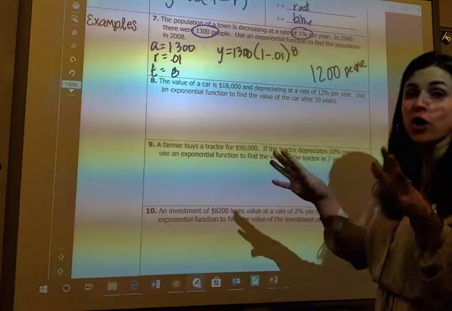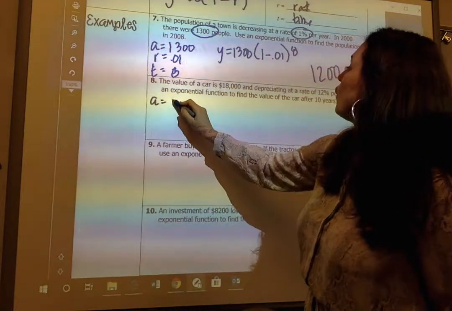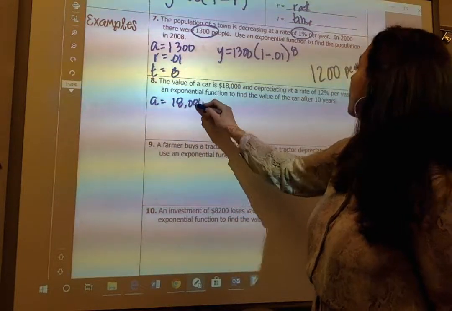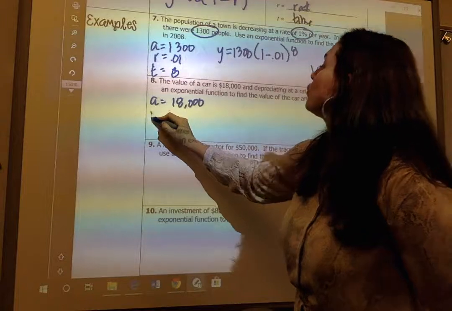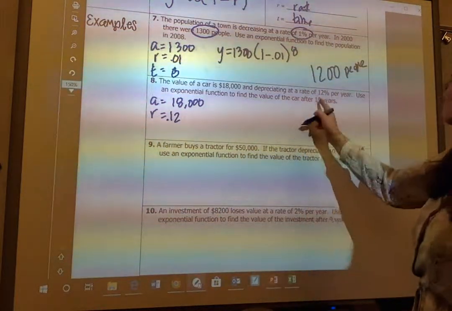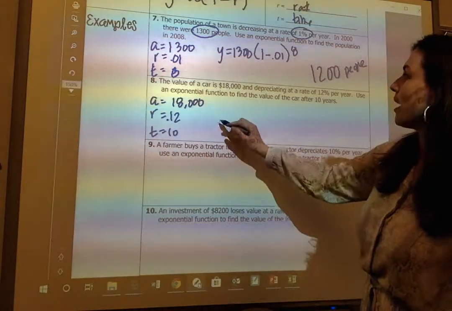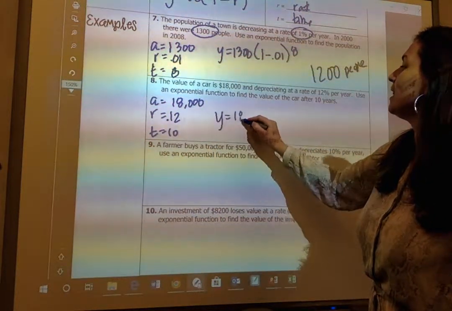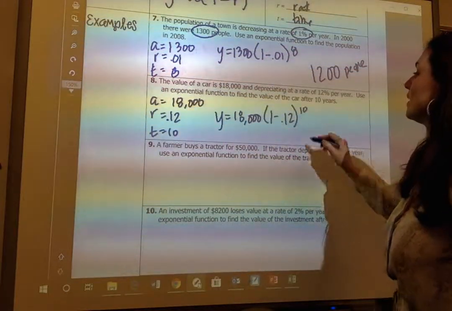These are good. The value of a car is always important. So it says the value of a car is $18,000, and it's depreciating. It's going down in value at a rate of 12% each year, so 0.12. And we want to find the value after 10 years. So now I have y equals 18,000, 1 minus 0.12 raised to the 10th power.